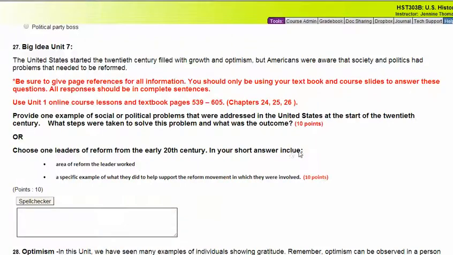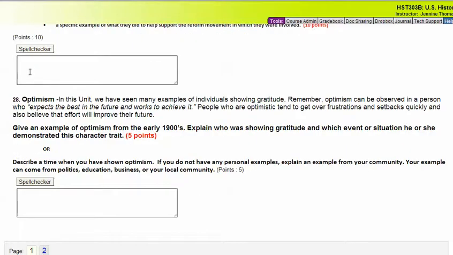Include the area of reform the leader worked in. And the second thing you have to mention is a specific example of what they did to help support the reform movement in which they were involved. So you can choose either this first question right here or this one right here. Make sure to answer your question in the space provided.